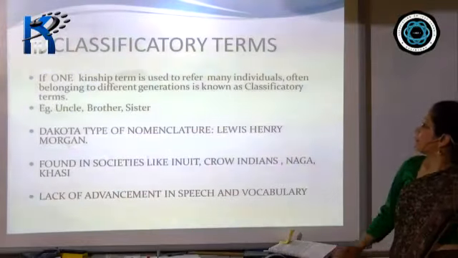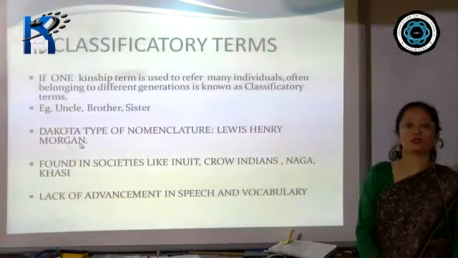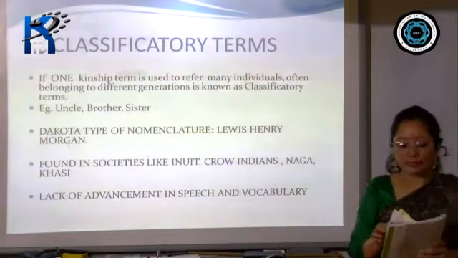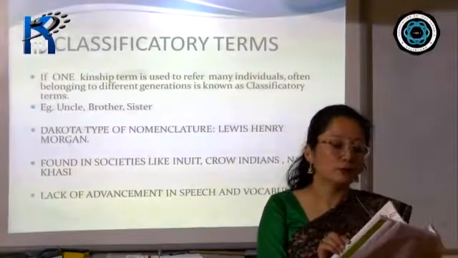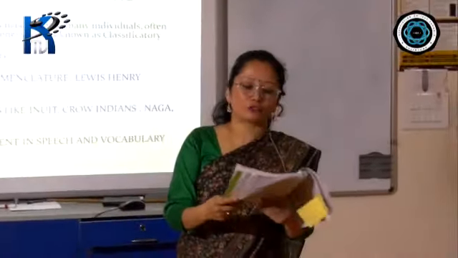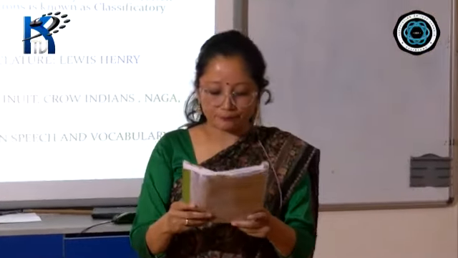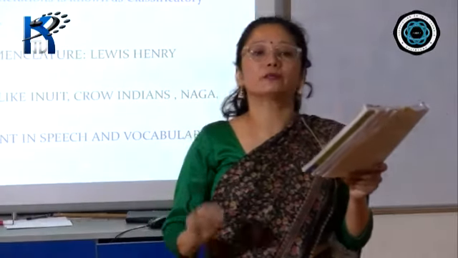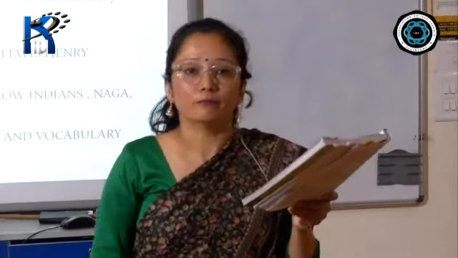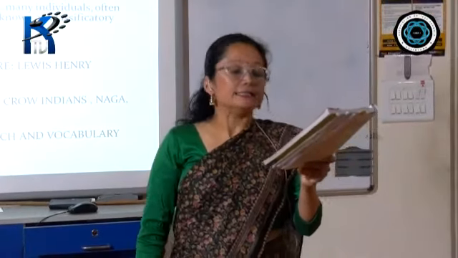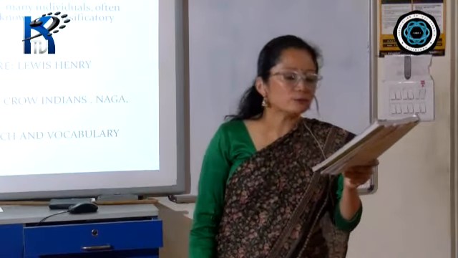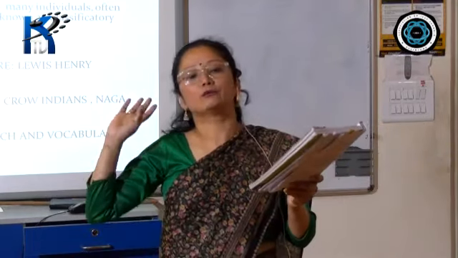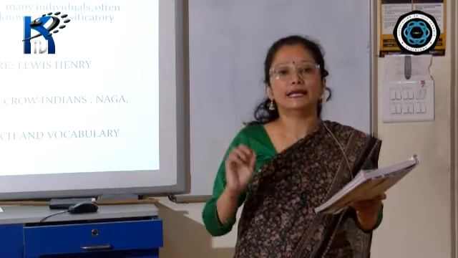Now, what could be the reason for this? There is a history of using classificatory terms. For this, I would like to read out a few things written by Lewis Henry Morgan, the person who actually came up with these kinship terms. The scientific study of kinship began with the publication of Morgan's book, Systems of Consanguinity and Affinity of the Human Family, published long back in 1870.